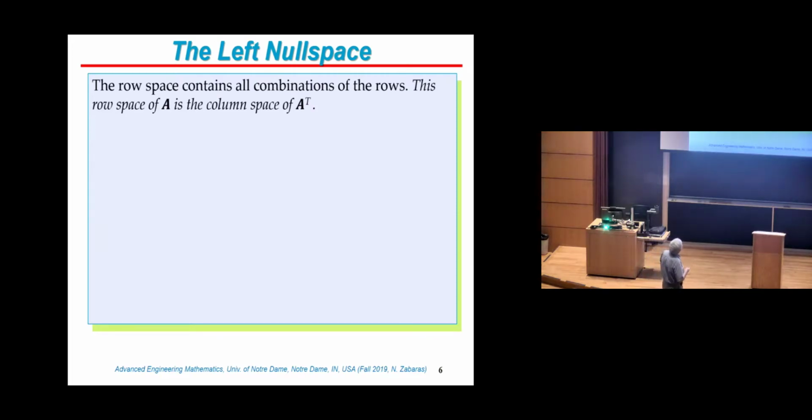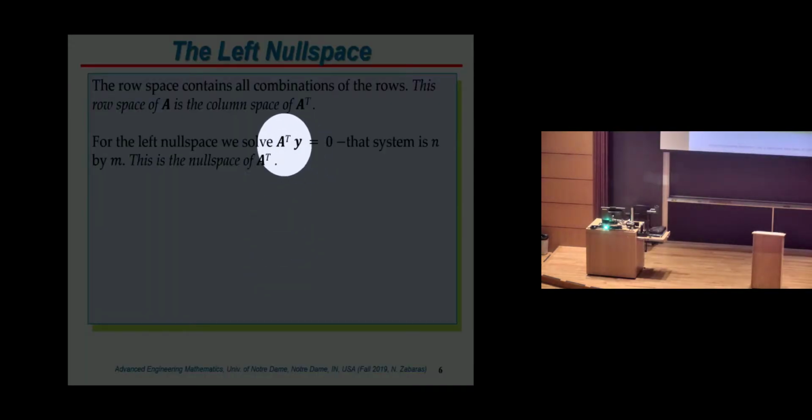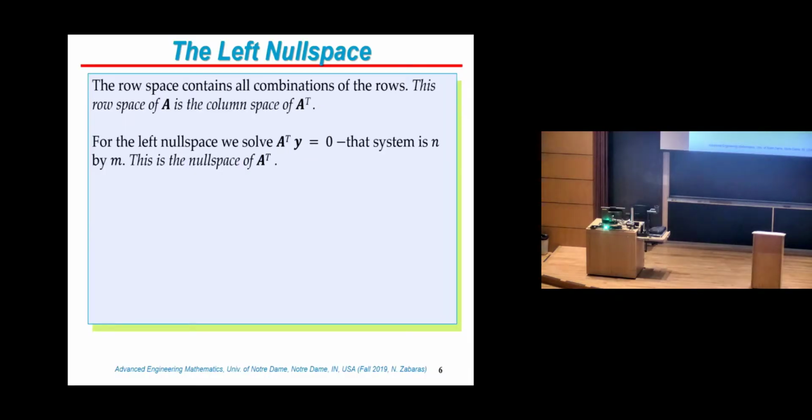All right. Since we haven't spent much time talking about the left null space, let me discuss it a little bit. This is our definition. The vectors y such that A transpose y equals 0 form the left null space. Okay? So it is the null space of A transpose.